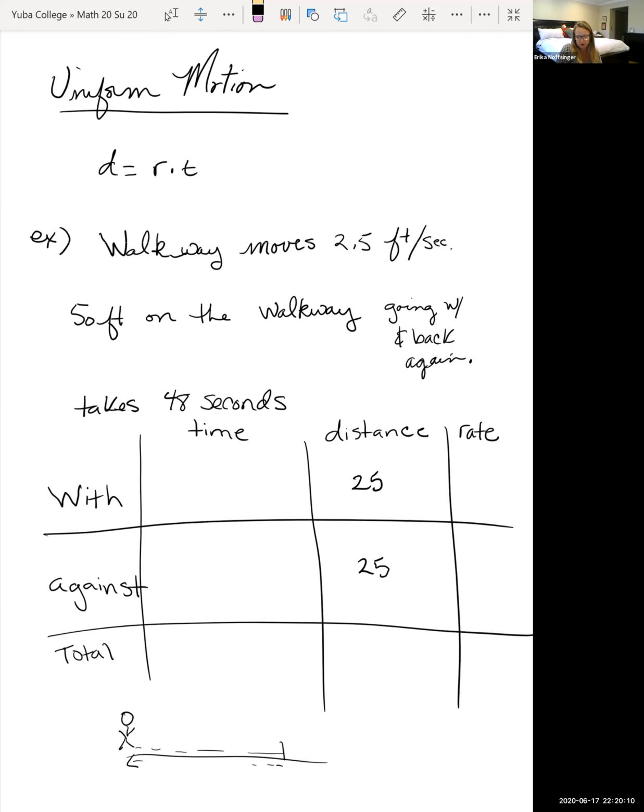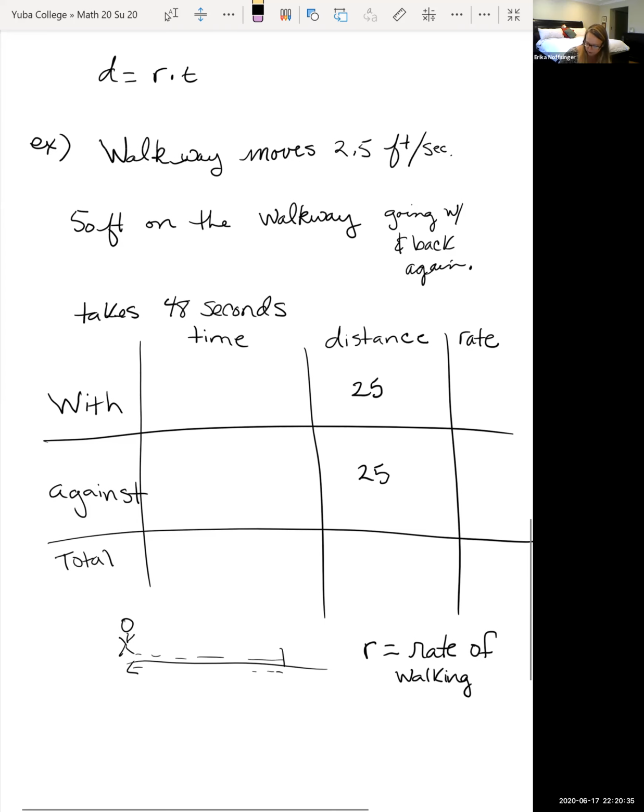Okay, we don't know the rate, and that's what we're trying to figure out, is how fast are you walking? And so we need to have a variable, and so maybe R, because we're trying to find R. So let R equal the rate of walking or running off of the walkway.